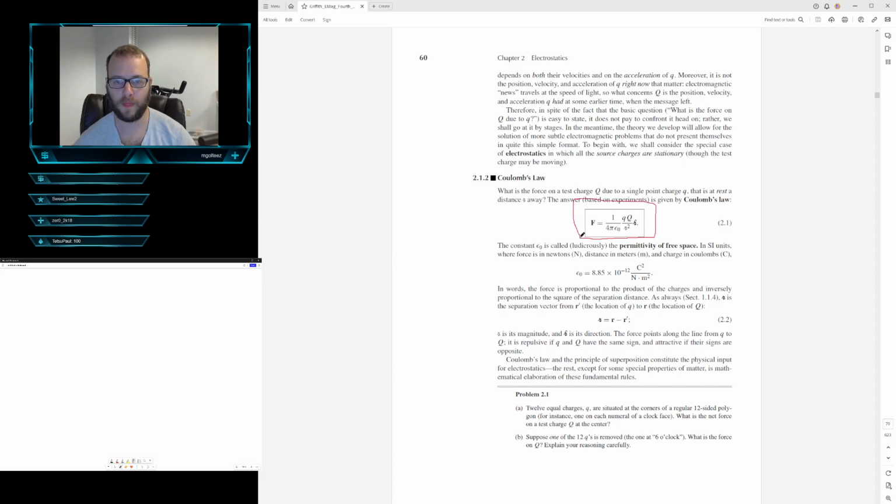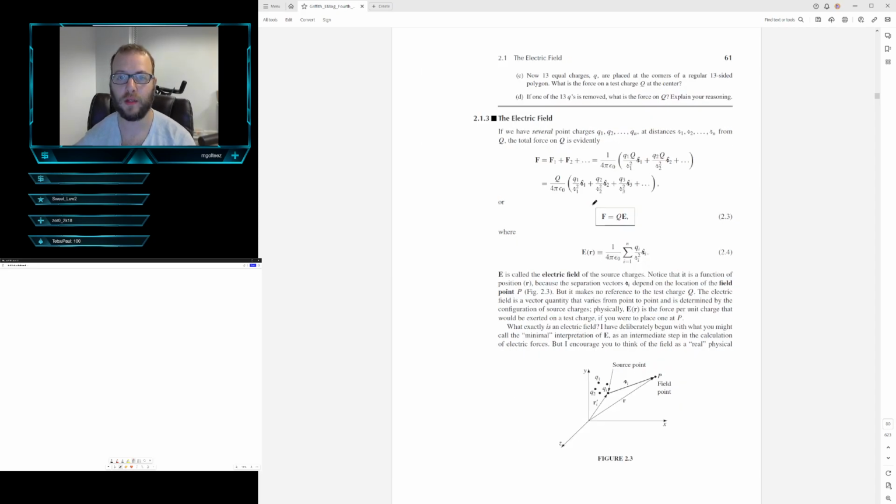It has a few major components. First is this component here, the 1 over 4 pi epsilon naught, which is simply a constant. It is a permittivity constant.